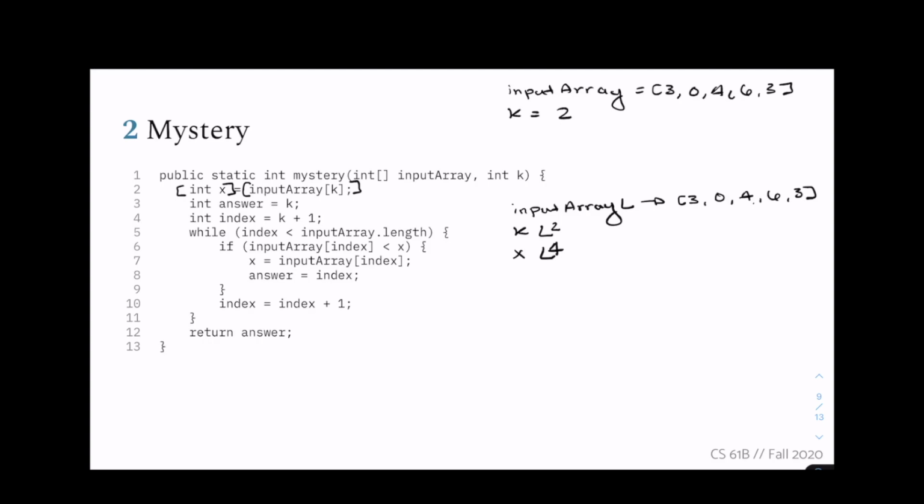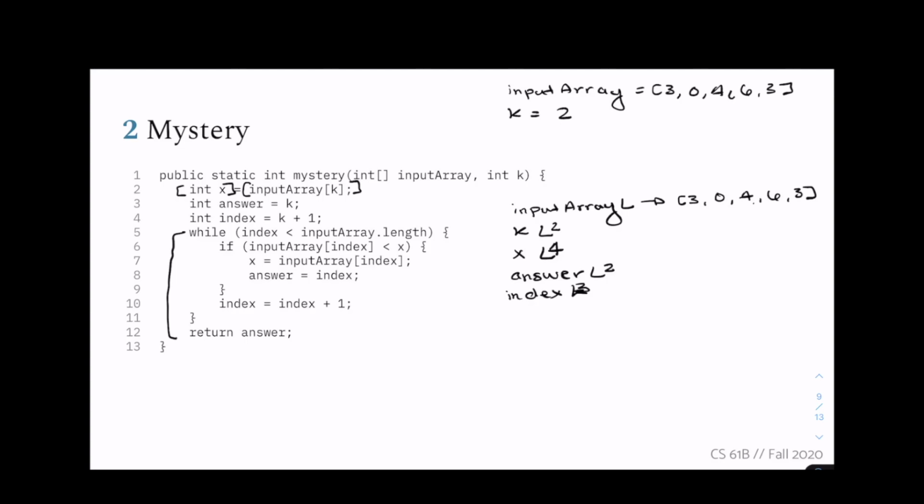Now we do int answer equals k, which just means that answer is also equal to 2 now, and index is equal to k plus 1, 3. Now that we've done all of that, we can enter the more interesting bit, which is this while loop.